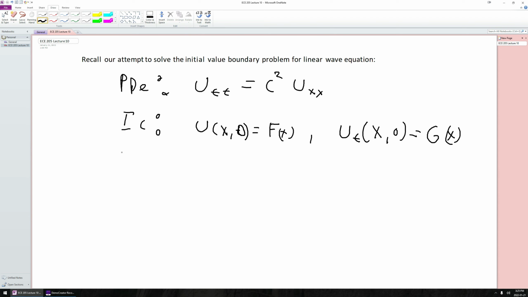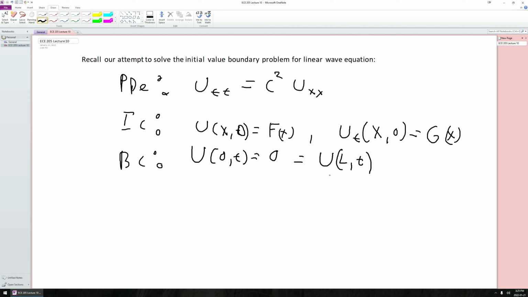Okay. In addition to this, we gave some boundary conditions. So what were our boundary conditions? Well, we were considering the Neumann problem, so Neumann boundary conditions here, that u of 0 comma t was simply going to be equal to 0, and this was going to be the same thing as u of L comma t, where L is just the length of the rubber band or whatever we're modeling using the wave equation.